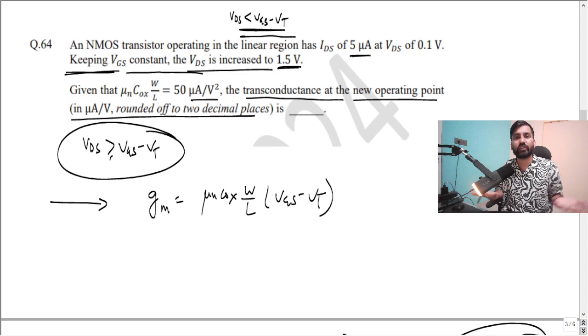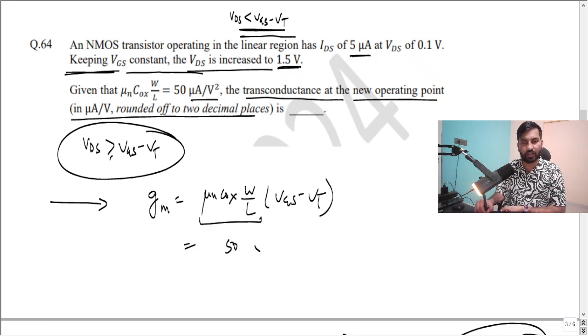Or you can also directly remember it. If you want the derivation, you should know the equation of drain current in the saturation region, and then differentiate it with respect to VGS, and you will get that gm, that is transconductance. I will show you after getting the answer. Now this is 50, and that is 10 raised to power minus 6, and this is 1.05.